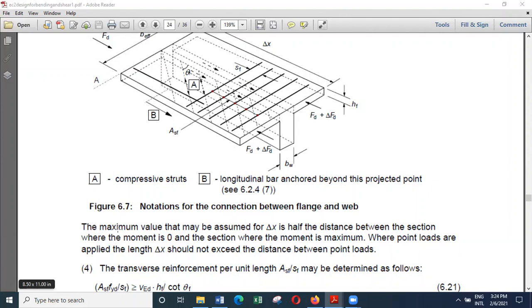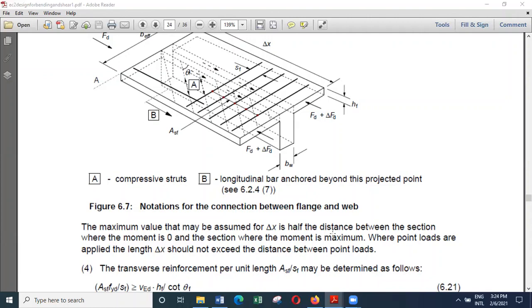The maximum value for delta x, that is the distance that you are going to consider for this change in bending moment, the maximum value for delta x, that is this distance, may be assumed as half the distance between section where the moment is 0 and where the section is section with maximum moment.